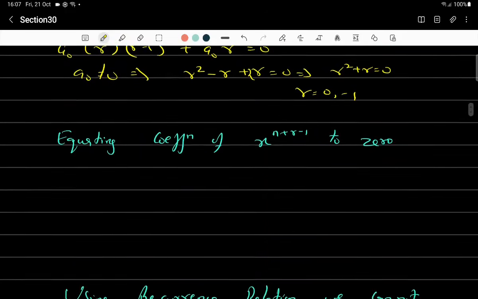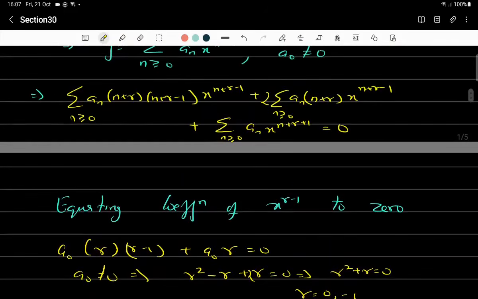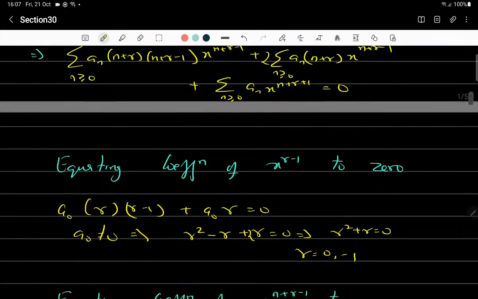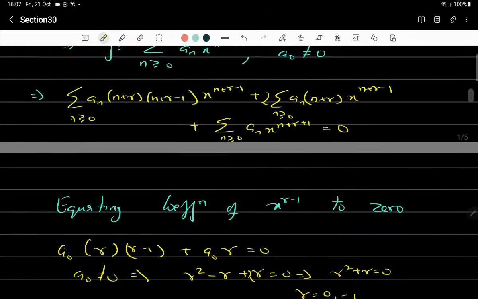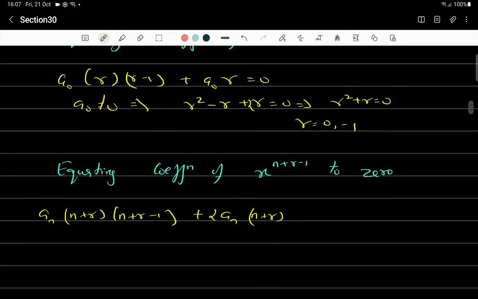Let's see. Now equating the coefficient of x raised to the power n plus r minus 1 to 0, it will give you a n, n plus r, n plus r minus 1, plus 2 a n, n plus r, and the last term gives you a n minus 2, because it is n plus r plus 1, so a n minus 2 is equal to 0.